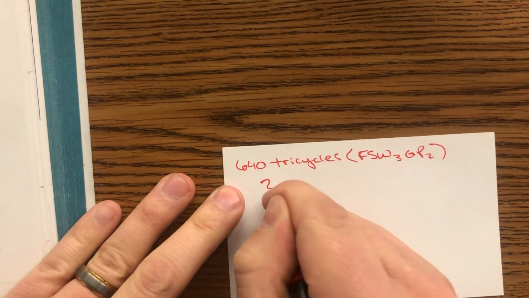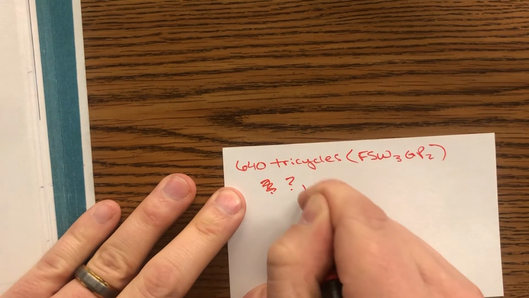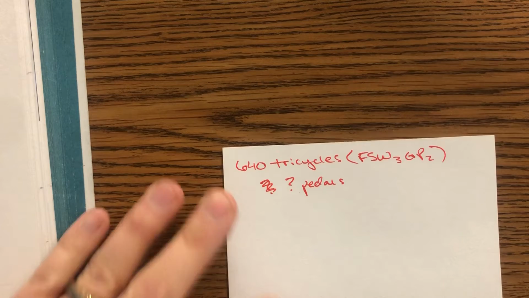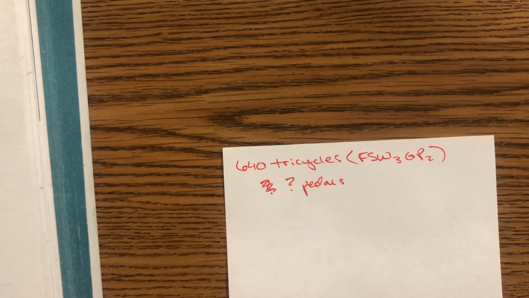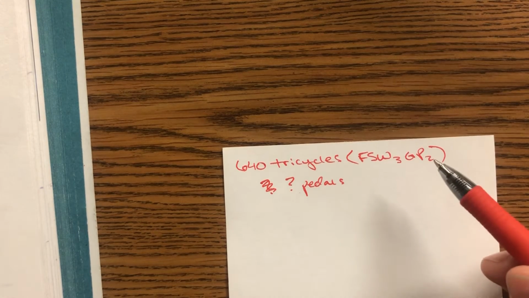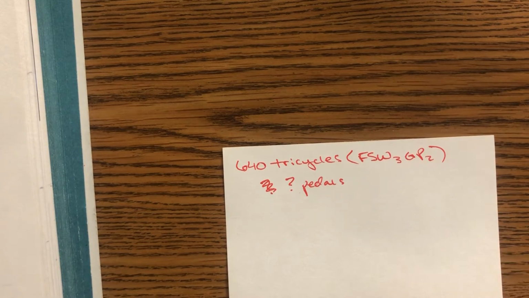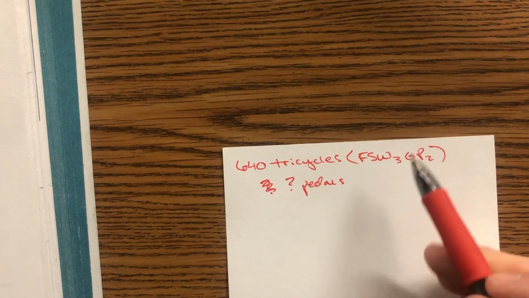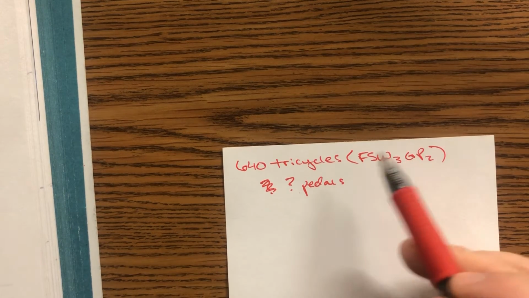How many pedals do I need to make that many tricycles? What we need to do is find the ratio of pedals to the whole. How many pedals are there? There's 2 in the equation.